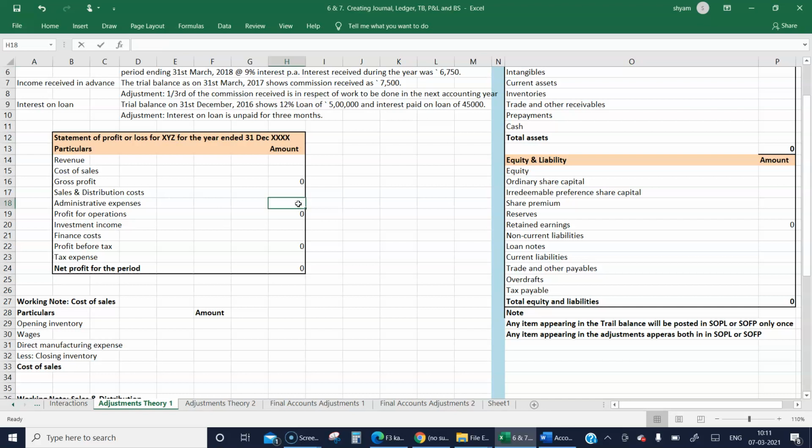The total expense is 6,000 which you have paid. Out of this, there is a prepayment. Here you have that prepaid insurance, which is 4,500.